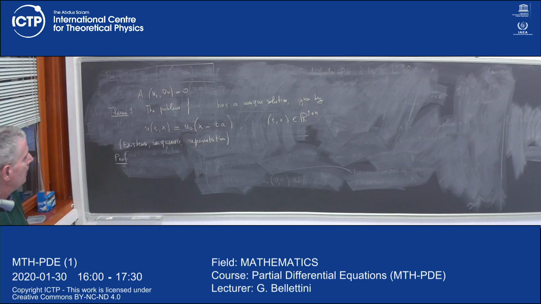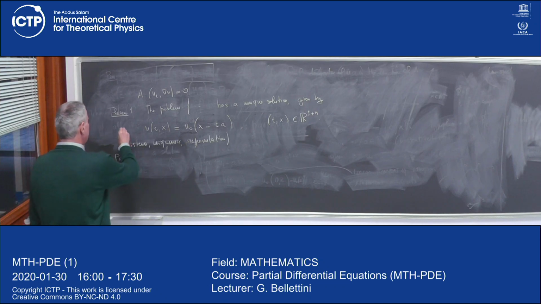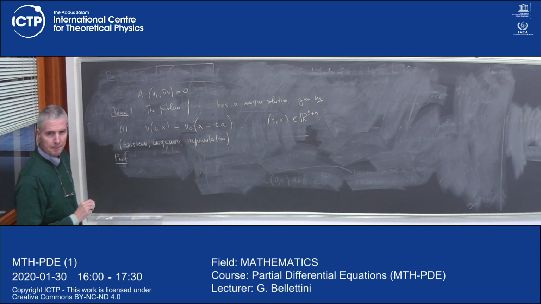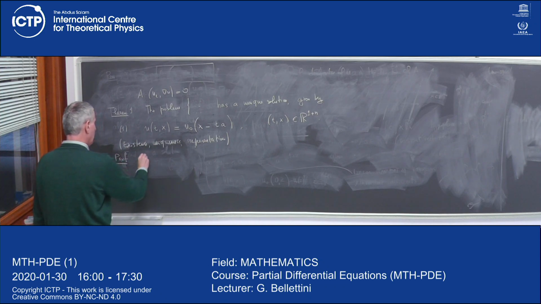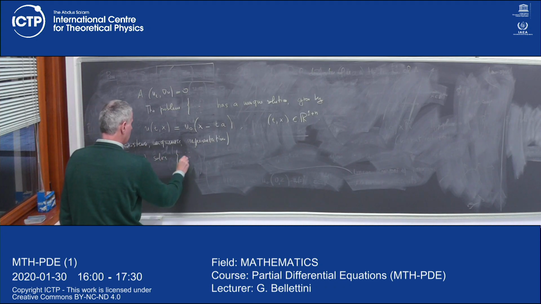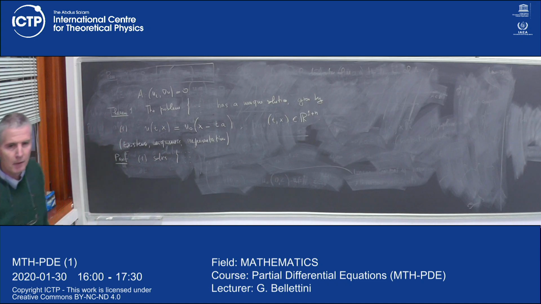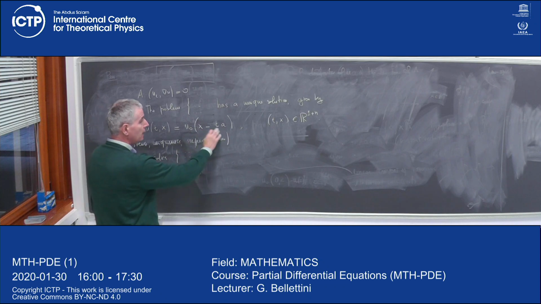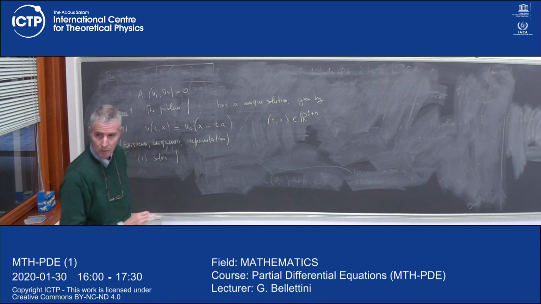Let us first check that this is a solution of our PDE. One solves our problem. Why? Well, u0 is C1 by assumption. This is a linear composition, which remains C1.